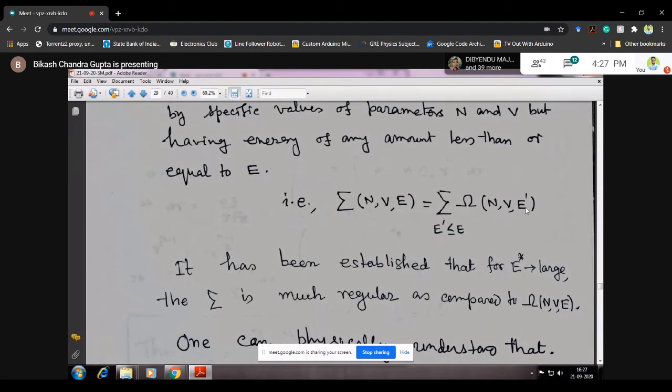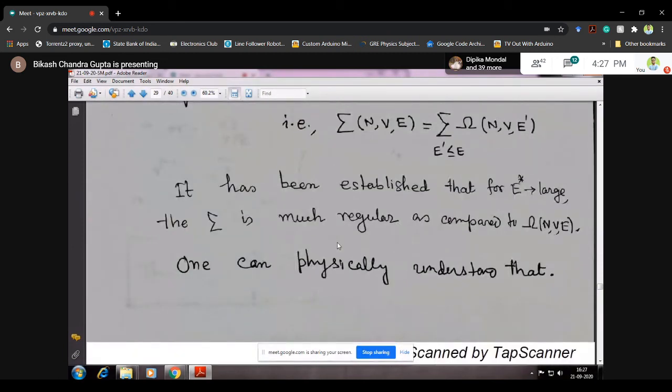E prime could be less than or equal to E. That means you are counting all the microstates for all energies. Now it has been established that for large E, E star is also large, the sigma is much more regular as compared to omega of NVE.